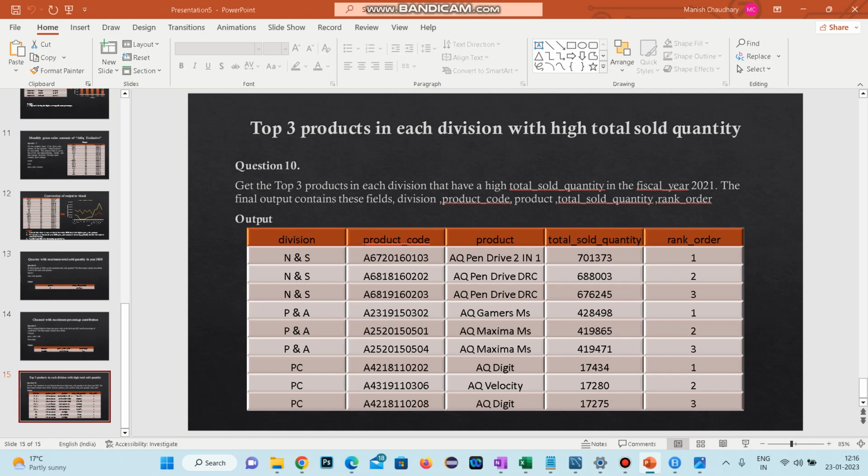The product sold highest for N&S is AQ pen drive 2-in-1, and after that we have P&A, AQ Gamers MS. For PC we have AQ Digit, which is sold in high quantity. So that's all guys, thank you.